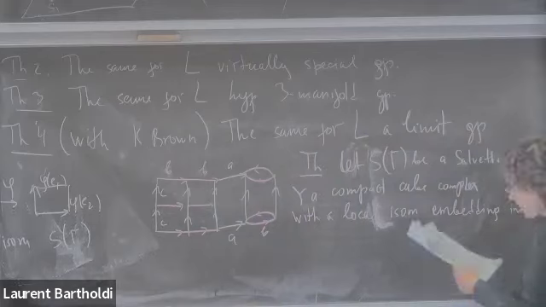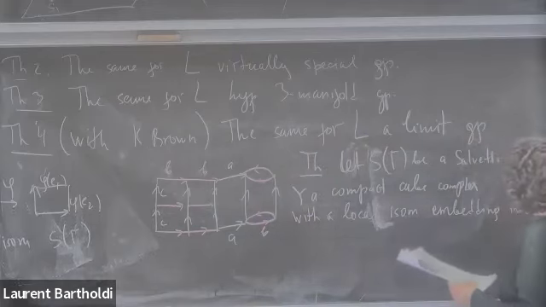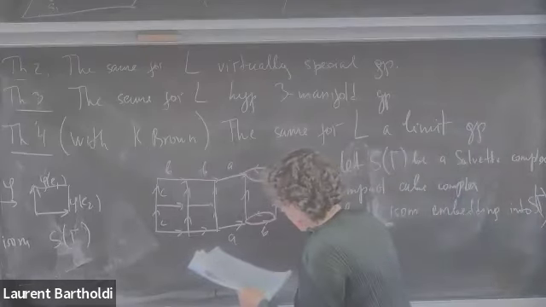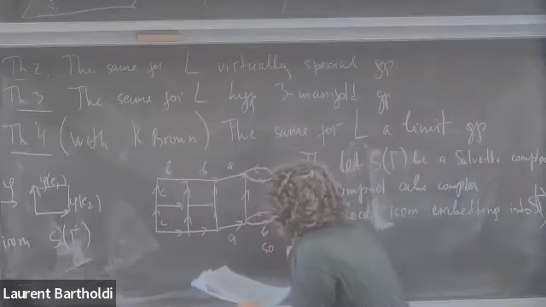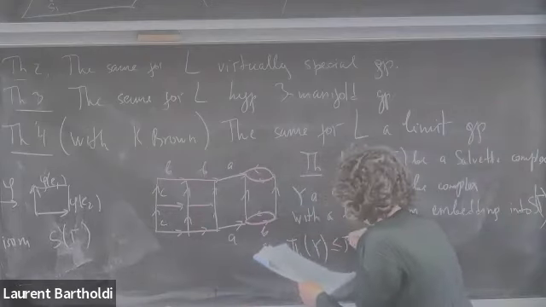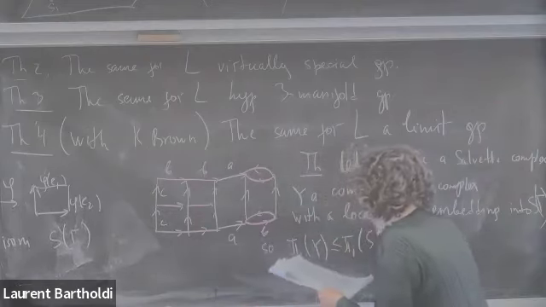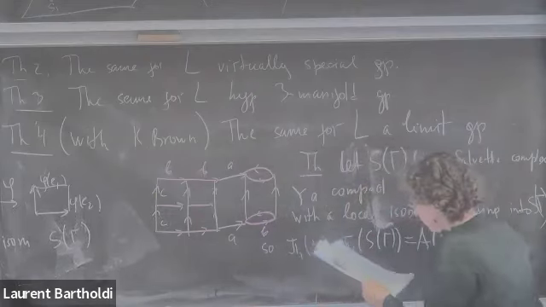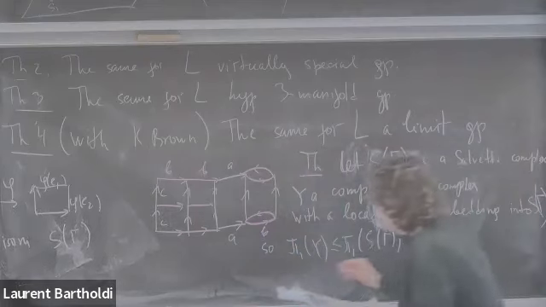Into gamma, into S gamma. So this means that pi one of Y is a subgroup of pi one of S gamma, which is a right-angled Artin group.